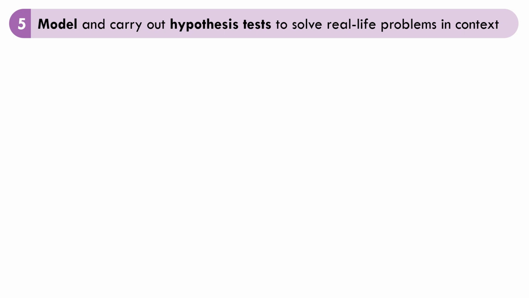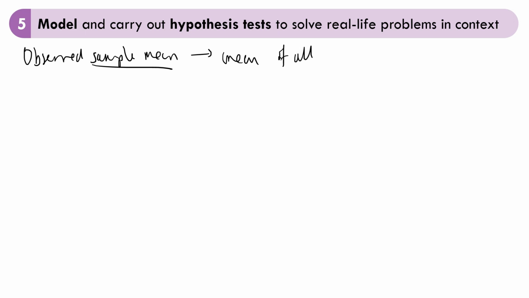And finally, we'll be looking at hypothesis testing with the normal distribution. And we'll be carrying out the hypothesis test with the observed sample mean. So this is just the mean of all observed data in the sample.